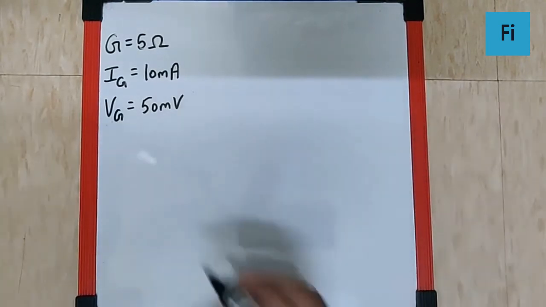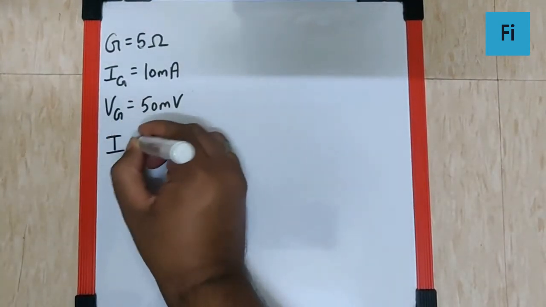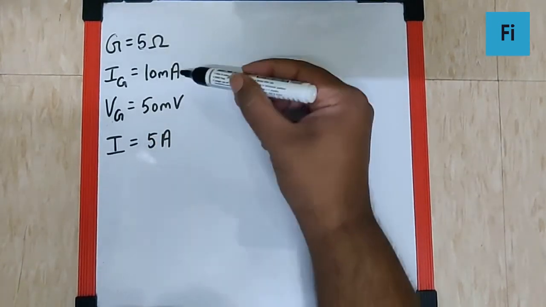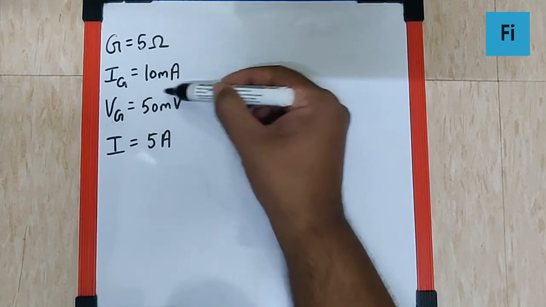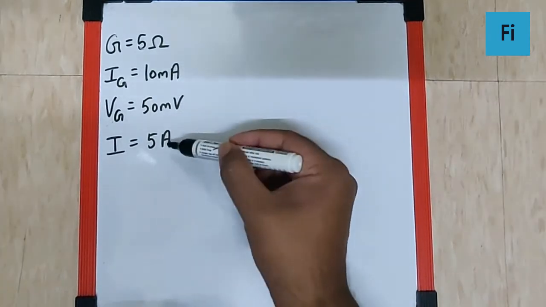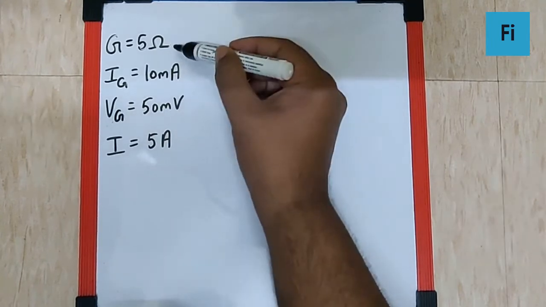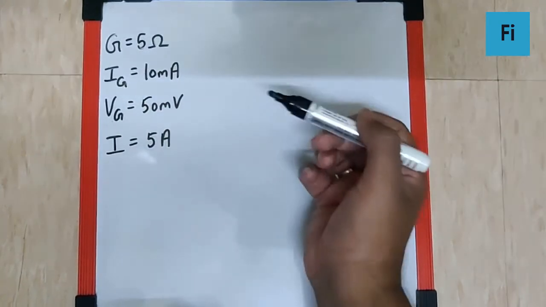Further, the data says we want the ammeter to measure a current of 5 ampere. So for converting the galvanometer, which can measure 10 milliampere, to an ammeter which can measure 5 ampere, what is the shunt required to be connected across the galvanometer of 5 ohm?